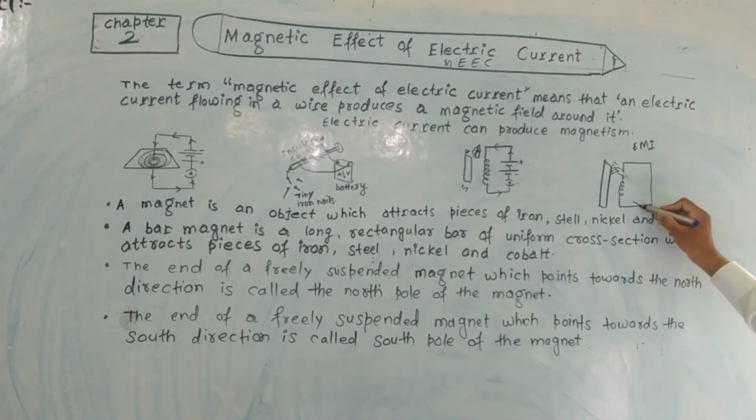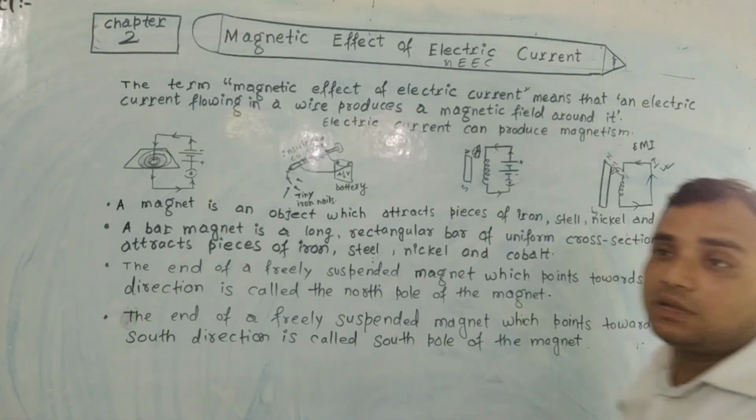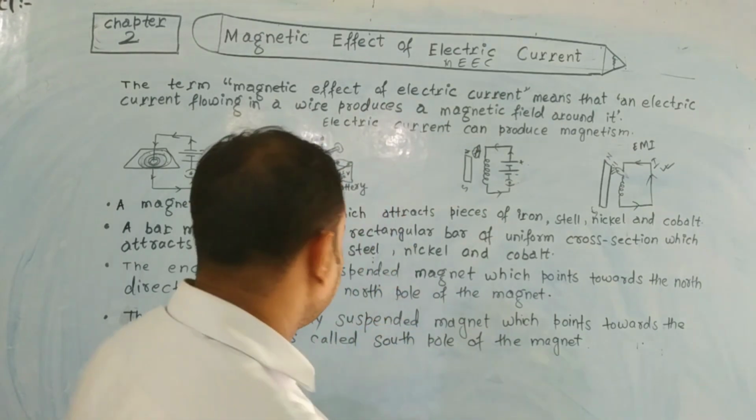That means current is produced in this circuit. This current is called induced current.